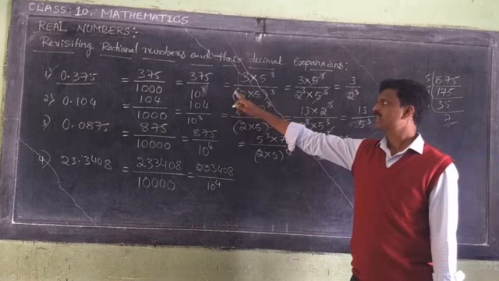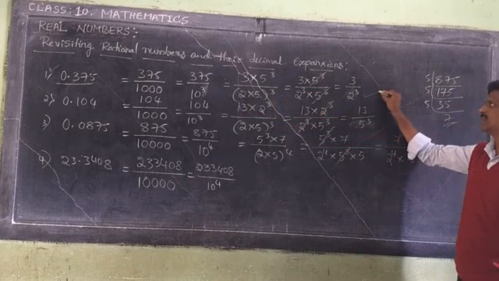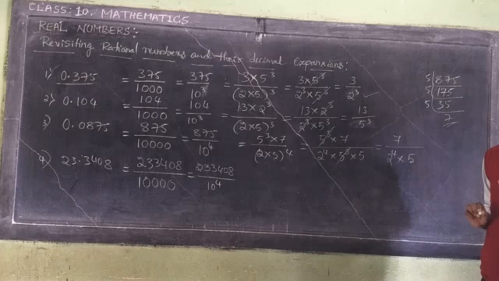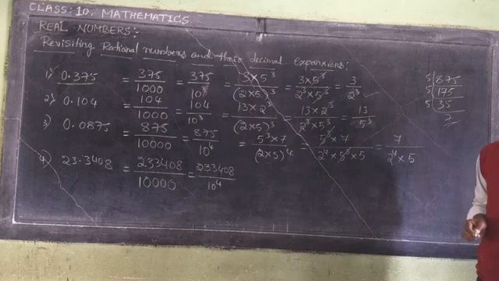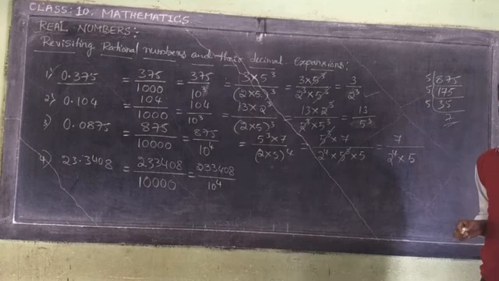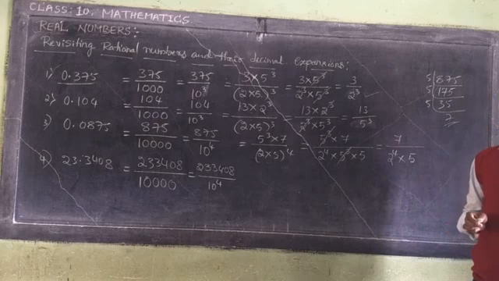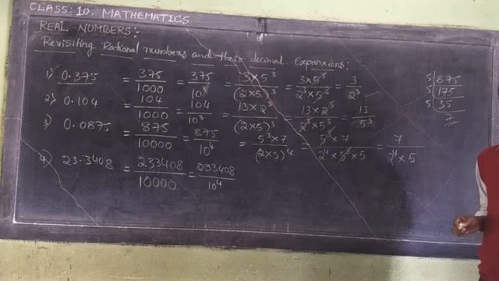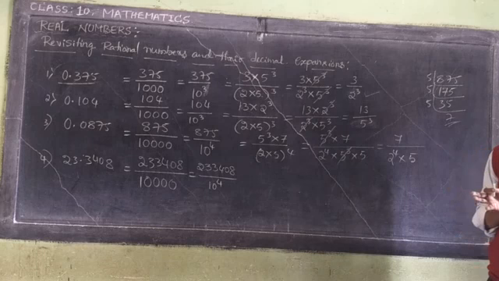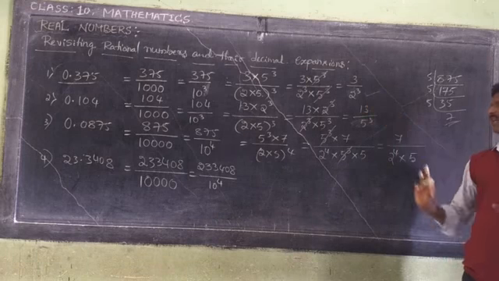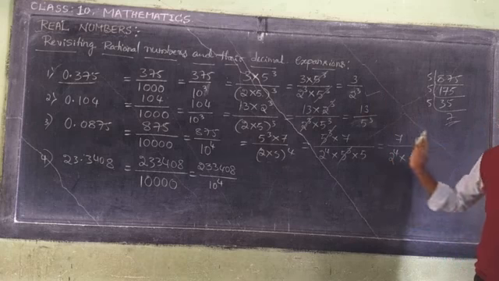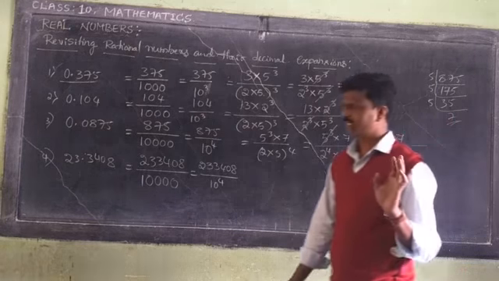By simplifying, if we observe that the denominator is in the power of 2, or in the power of 5, or in the power of both 2 and 5, then we say that the given rational number is a terminating decimal expansion. Okay. Just we write one statement here.